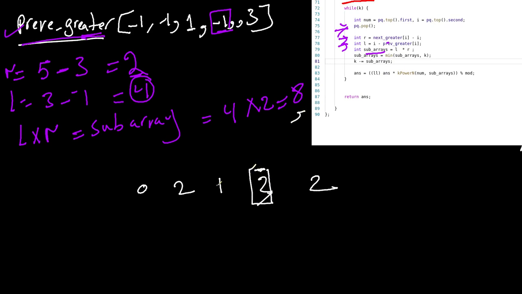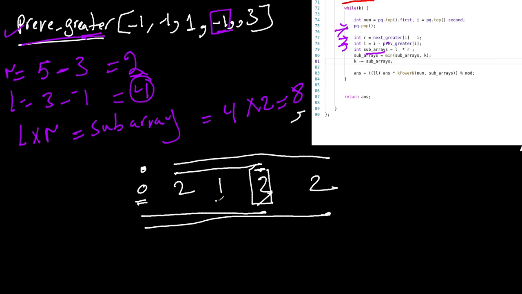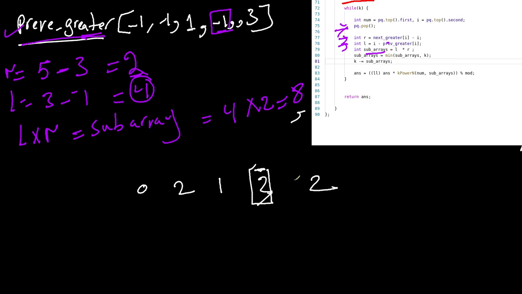It should be 8, and that's true because you can start with 0. You can take this subarray or this. For 2 also this or this. For 1 this or this. For 2 this or this, the 2 itself. So in total we have 8 subarrays.